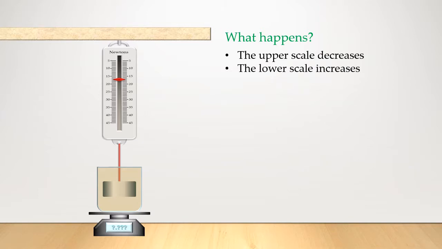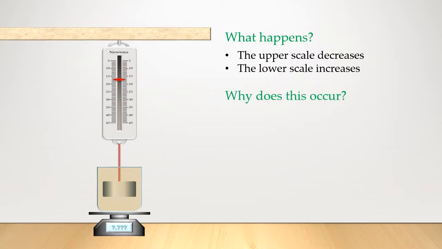But one thing that is not noticeable on this diagram is that the lower scale will increase. In other words, if we were able to measure the oil in the beaker before we put the iron inside of it, it would be a certain reading, but when we put the iron inside of it, that reading will increase.